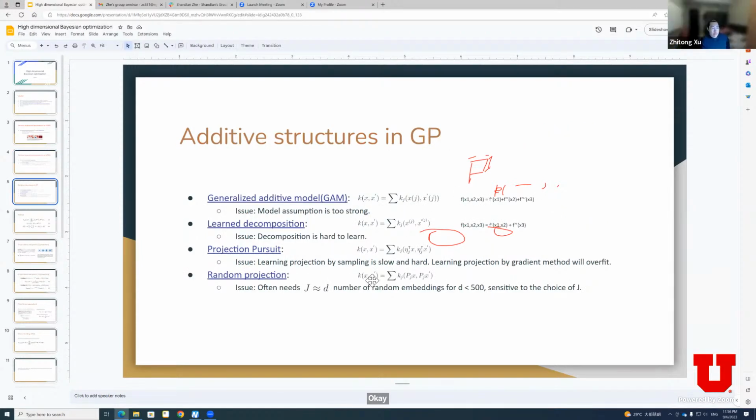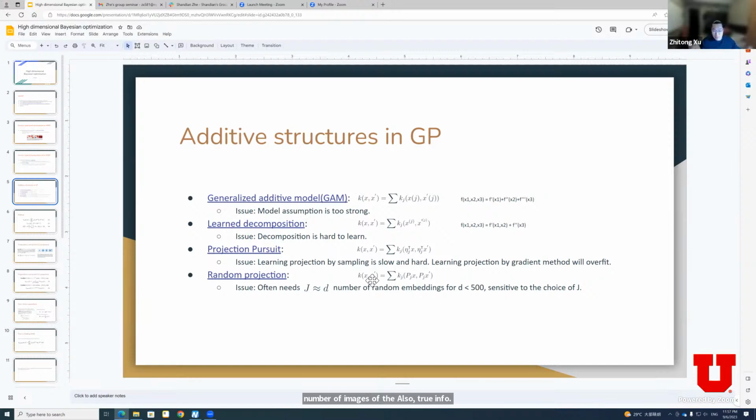All right. So for the additive structure in GP, the most common one is the generalized additive kernel, called GAM. They put all the dimensions into a kernel, and the number of subkernels is equal to the number of dimensions of the input space.